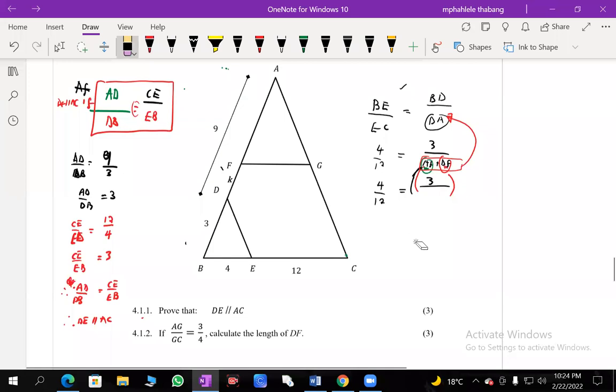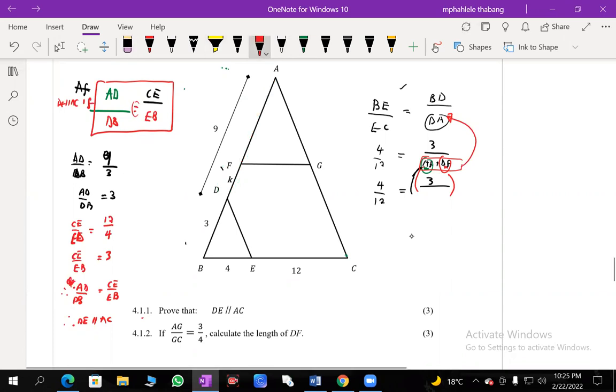So what is the value of AF? We say AF is 9 minus FD. Does it make sense? Yeah, it does make sense.